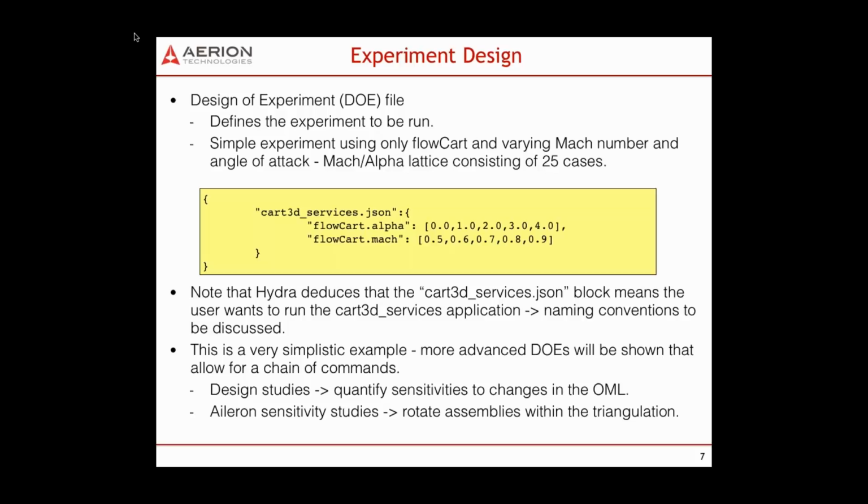However, people oftentimes want to run more advanced DOEs where they're chaining together multiple commands for each individual case. And we do support that as well. We're going to show some design studies and an aileron sensitivity study later in this talk, which will show how one does this inside of this file format.